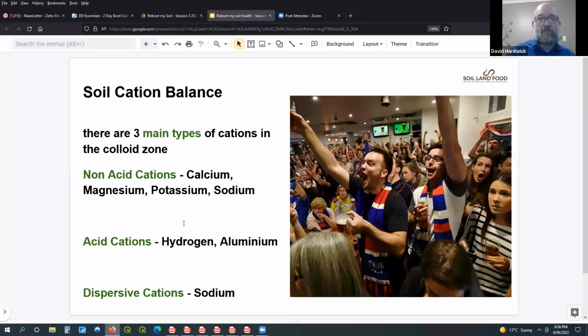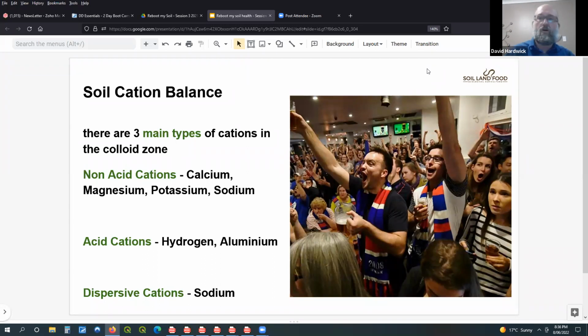Okay, so let's go back to our theory side of it. So we've got this CEC, or front bar, or bowl of jelly beans, and it's full of different cations. There's 6 main ones hanging in there, different fans. And what I'm saying to you guys is that it's the proportion of the fans, or the ratio, that's important for soil health.